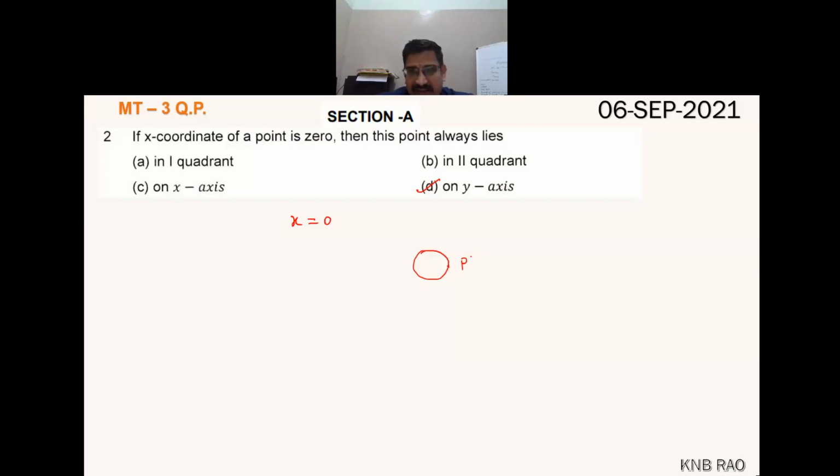A circle divides the plane into 3 parts: in, on, out. Interior, exterior, and on the boundary. This is what you learnt in your class 7th or 6th, right? Is it clear? Yes, sir. Similarly, y-axis also divides the plane into 3 parts or 2 parts, you watch it, how many parts?